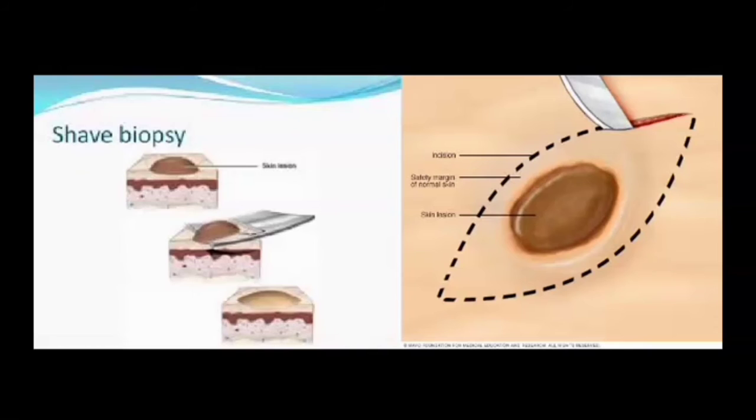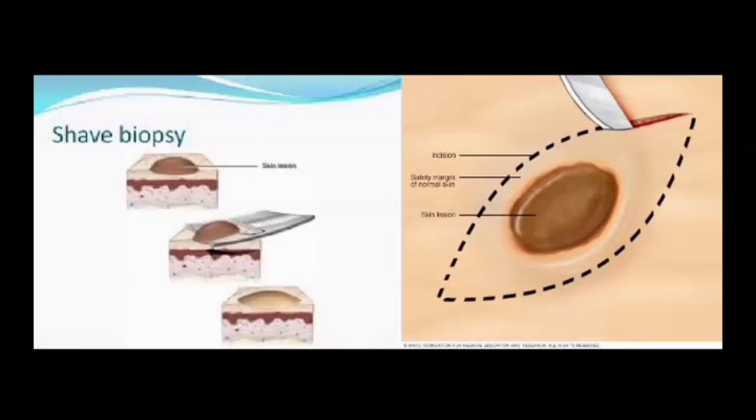Usually in the incisional and excisional biopsy we use a wedge shaped incision, which is used for large skin lesions and also for small lesions. And the nurse's responsibility is the same as the punch biopsy.